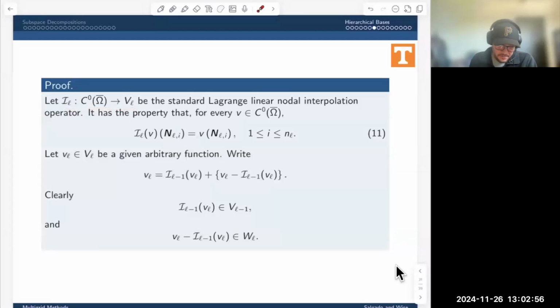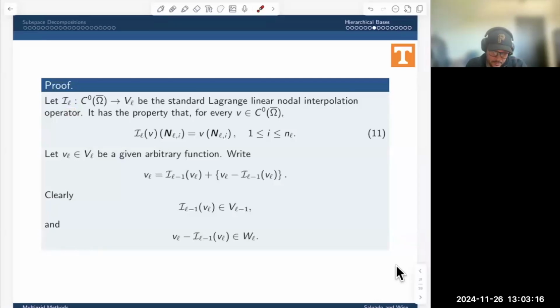If we have a C0 function, then we can always push it into the mesh VL just by sampling the values at VL, as long as the function is globally continuous. This is what we called the Lagrange linear nodal interpolation operator.